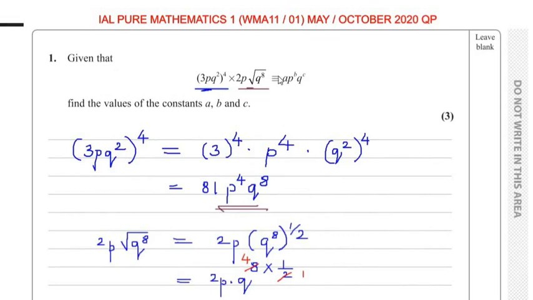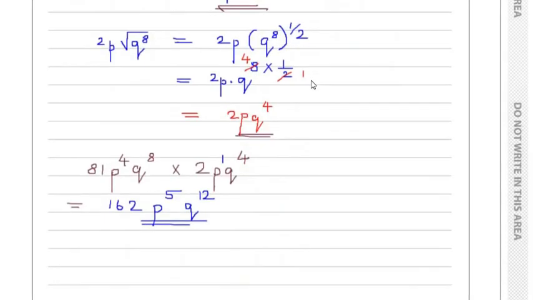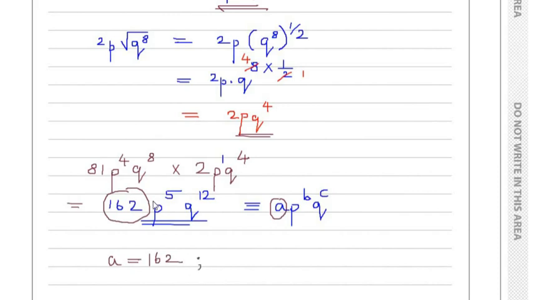Now they have said that this is equivalent to a p^b q^c. So let us compare it and check what we will get. As you can see, a is a constant over here, so we get a as 162. Now we compare the p terms.